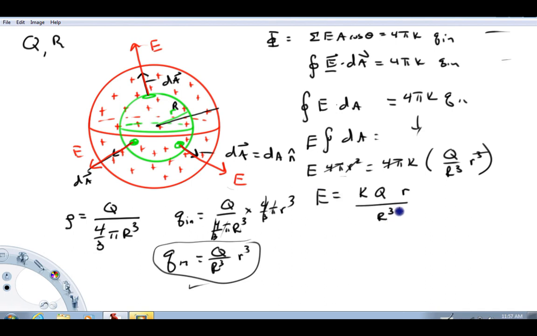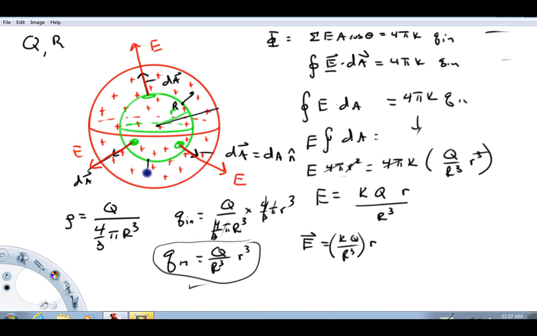Now what I have right here is the magnitude of the electric field. If I want to turn that into an electric field vector, here's how I can do that. I can say the electric field vector has a magnitude of kq over R cubed times little r. I'm separating these because these are constants within this problem. That's a variable. So constant times r. And then if I want to attach a direction, that direction would be just radially outward at all points, meaning like at this point it would be this way.